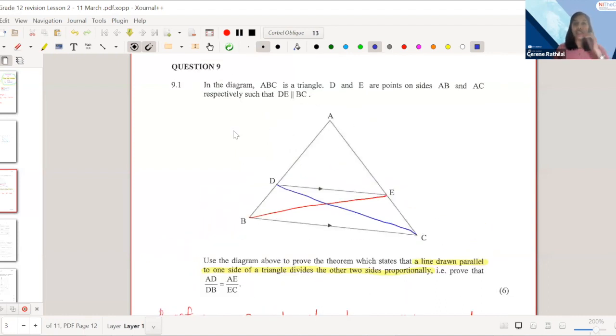So observe now from the diagram, if you had to look at this, I've got a triangle AEB. Now in this triangle AEB, what I would like to do is the following.